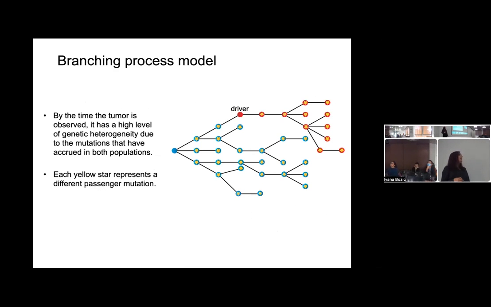So, as I said, the presence of passenger mutations significantly complicates the reconstruction of tumor evolution, but is actually helpful if you want to infer mutation rates as well as timings.